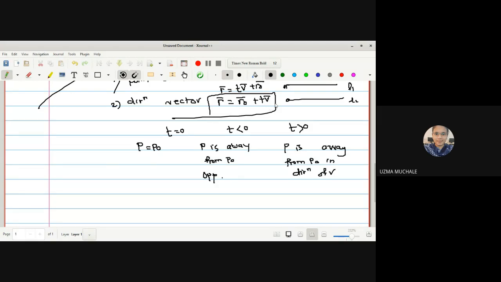Because here it will be some negative sign, the opposite direction of V. Are you getting what I have told you? Any doubt for this one? Anyone can ask if you have a doubt.